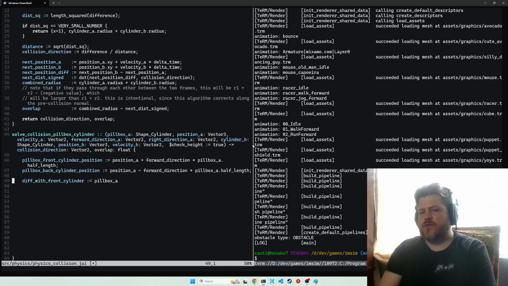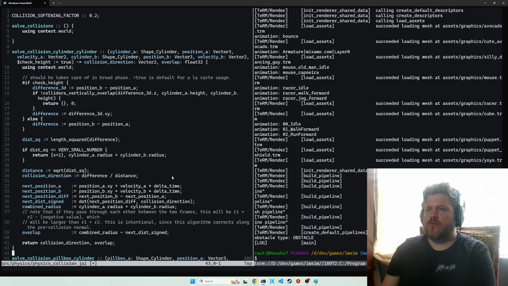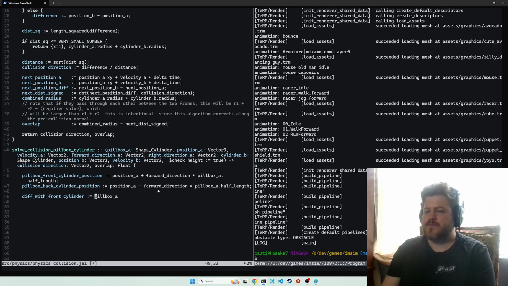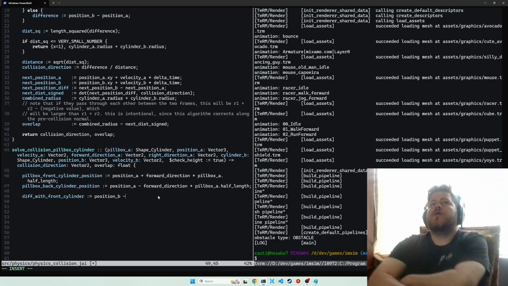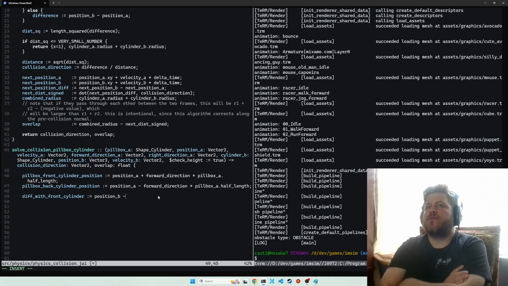I can treat them as if they were their own cylinder colliders in a way. So the front cylinder is, I think we're going toward, the collision normals point toward, so there's an A entity and a B entity. I think they point toward the B entity. So it would be position B. Wait, are we also the normals?